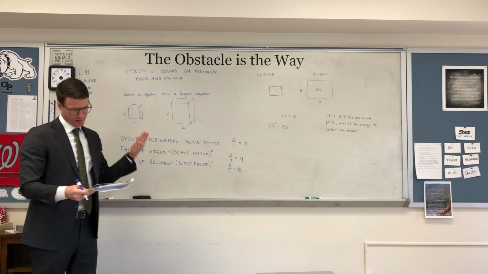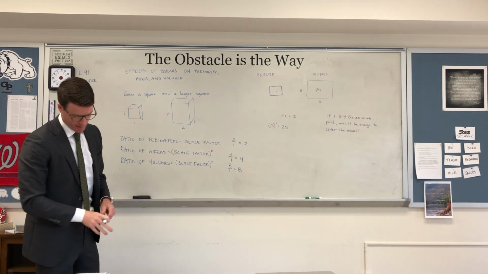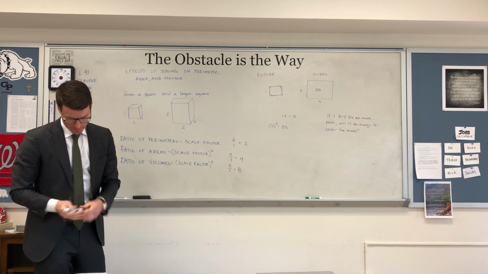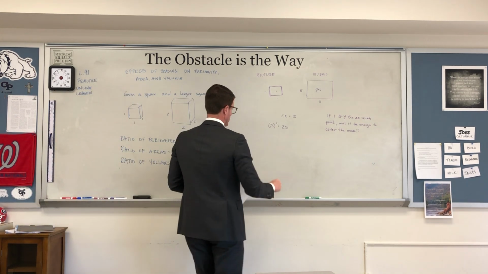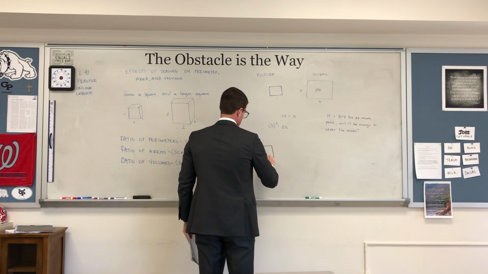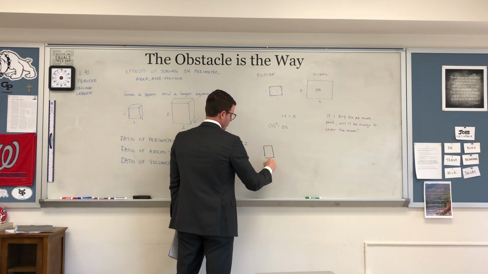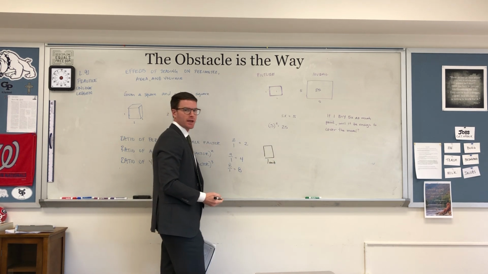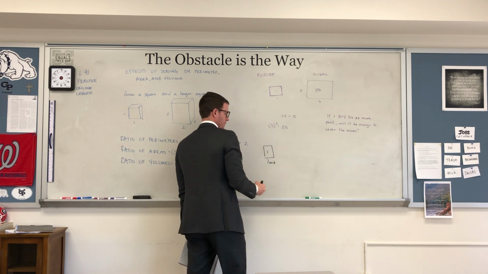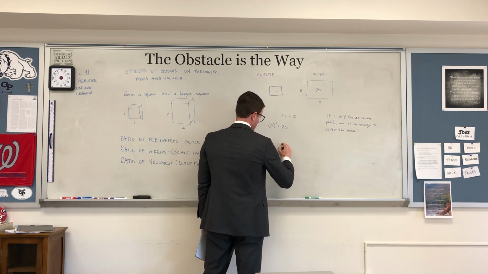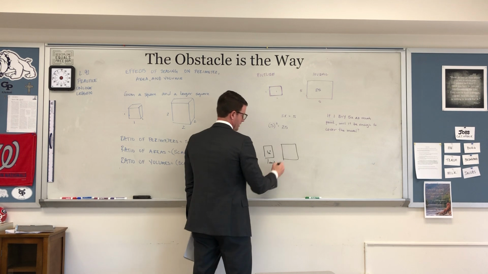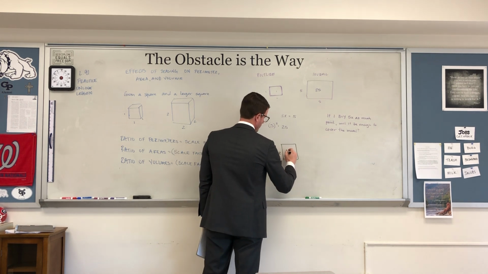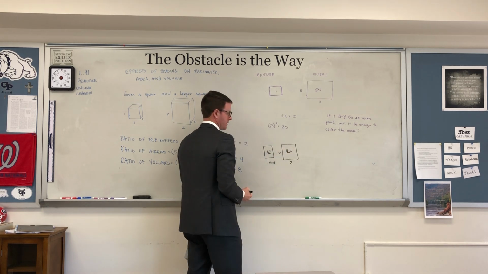Something else that might be helpful is this kind of diagram where we have a bunch of squares. This square is 1 unit in dimension, making the area 1 unit squared. If I have a square that's twice as big, the area is 4 units squared.